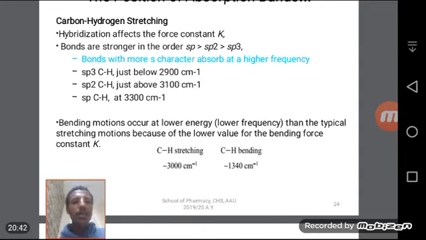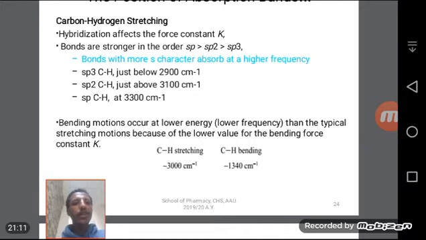sp3 CH stretching is just below 2900 per centimeter. sp2 CH stretching is just below 3100 per centimeter, and sp CH stretches at 3300 per centimeter because sp has 50% s character.